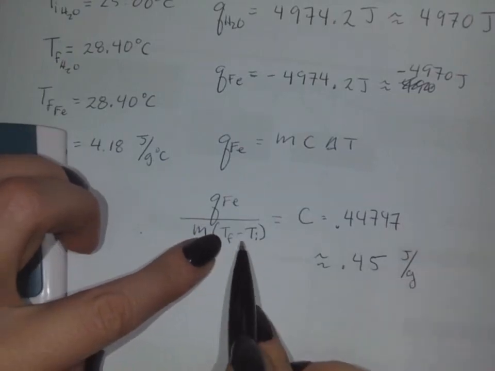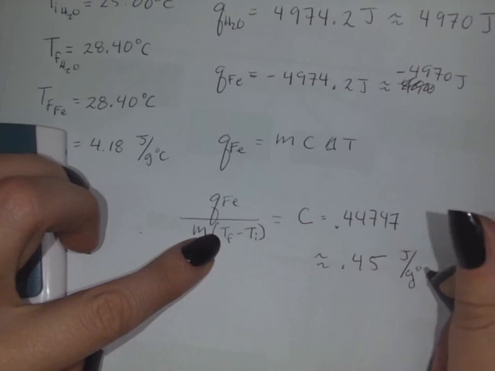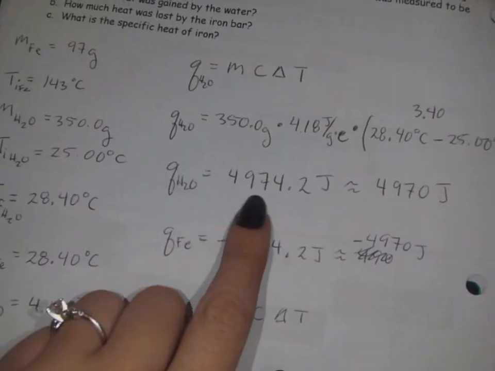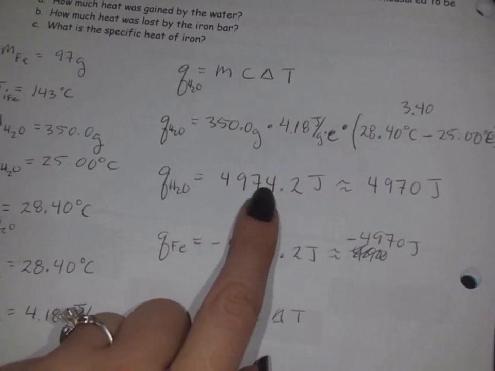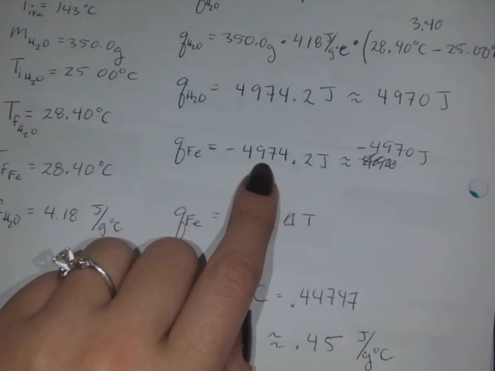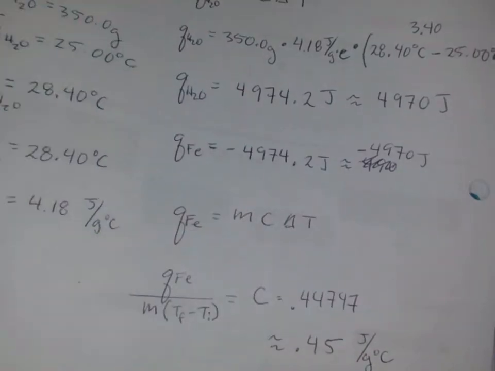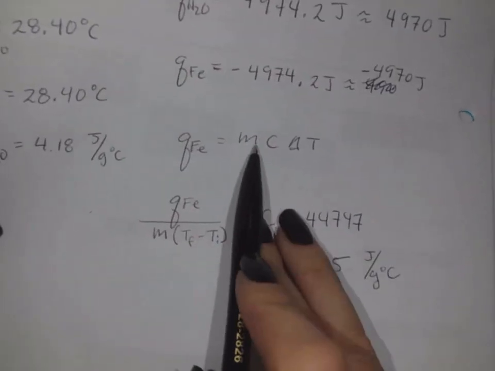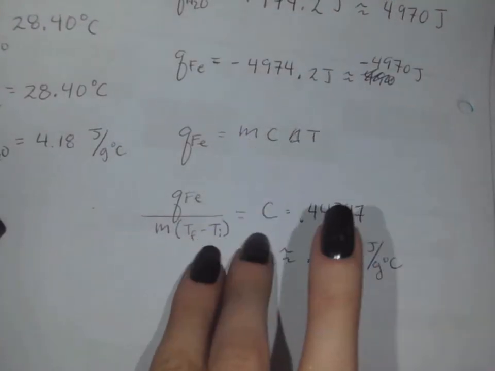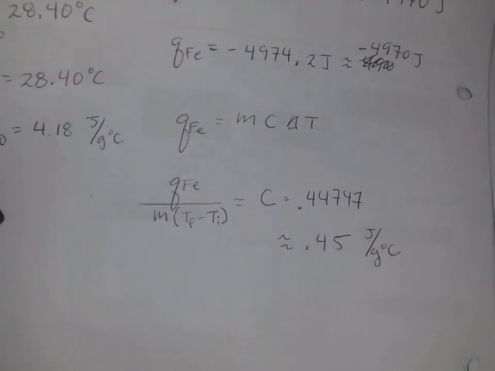And then Celsius minus Celsius is Celsius, so degrees Celsius. So we calculated the heat absorbed by the water. We know that it's the same amount of heat that was lost by the iron, so we put a negative sign. Then we use the same mcΔT equation to get the specific heat of the iron by dividing those, and I put that in. Great.